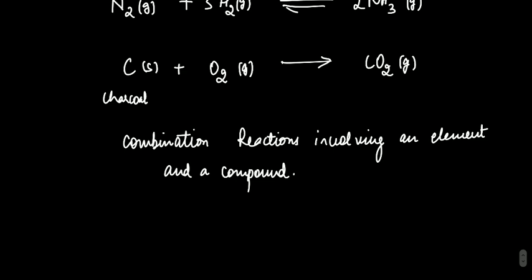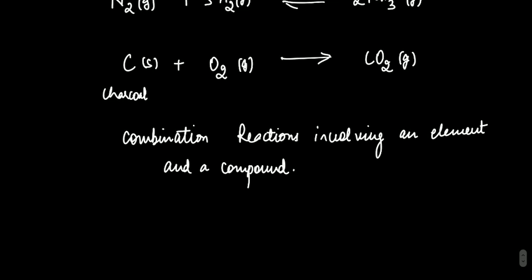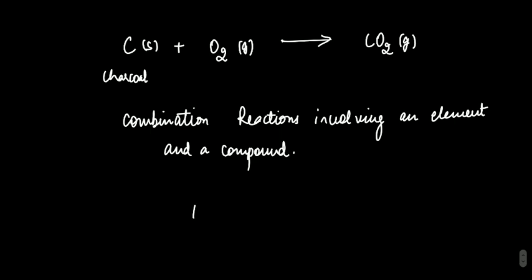We need to think in a way where we take only one element and the second reactant can be a compound or a molecule. So we can use this reaction, nitric oxide reacting with oxygen to give us nitrogen dioxide.